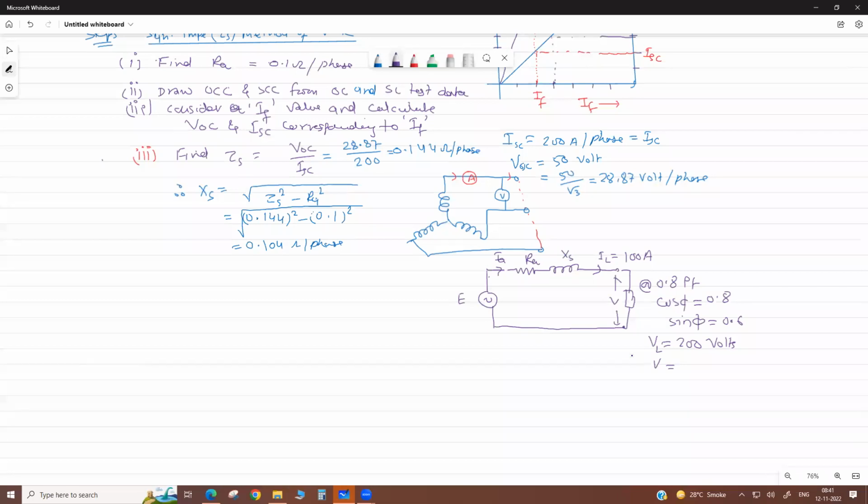Divide by √3. Not 3, it is divided by √3. 200 divided by √3 is 115.47. Very good.